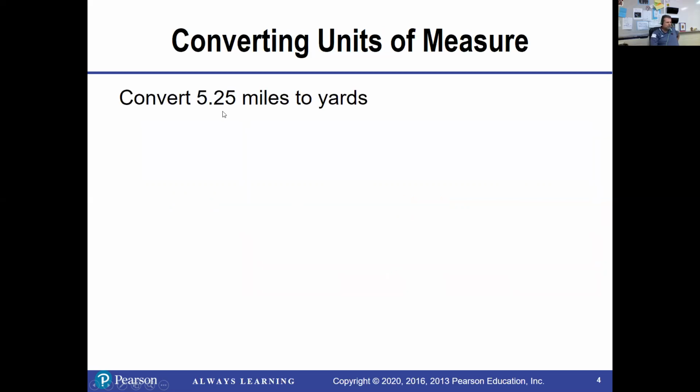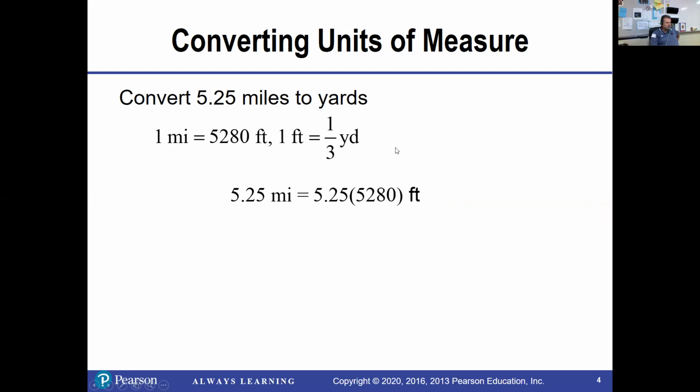So if we want to convert 5.25 miles to yards, 1 mile is this many feet, or 1 foot is 1/3 of a yard. If I have 5 miles and we go to yards, I can convert it to feet first, which would be easier because we know how many feet are in a mile.